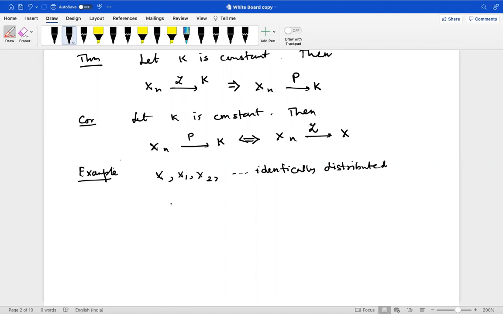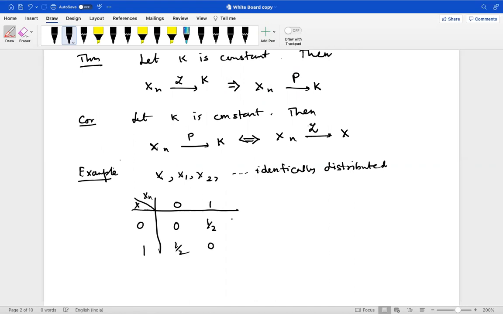And the joint distribution is this: this is the distribution of X, and this is the distribution of Xn, each taking values 0 or 1, with joint probabilities 0, half, half, 0.